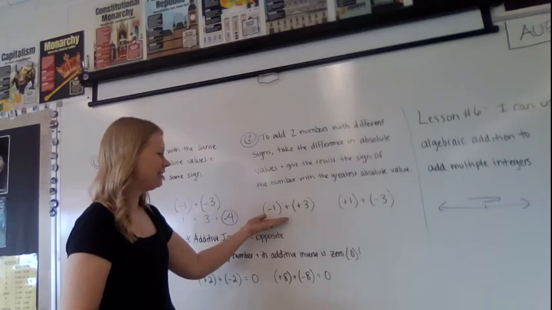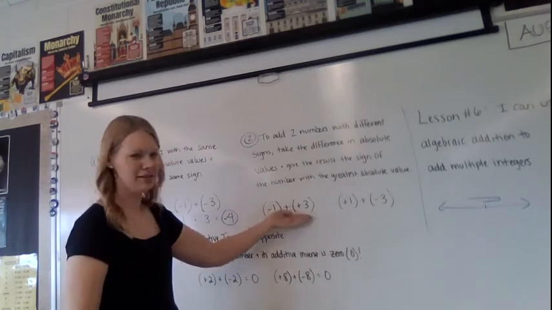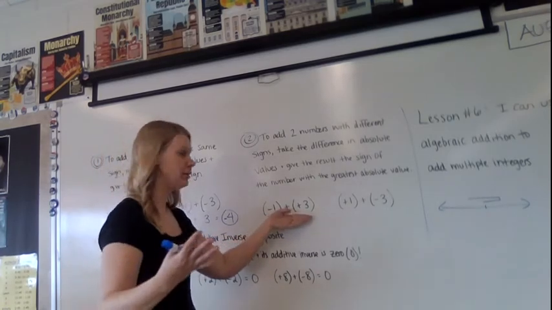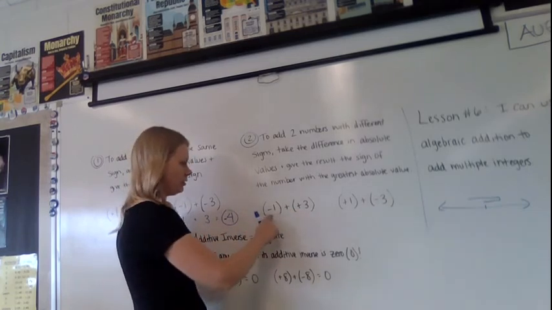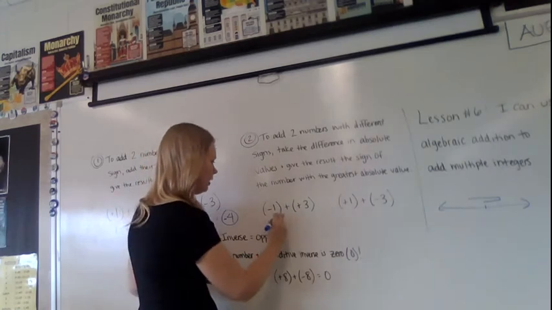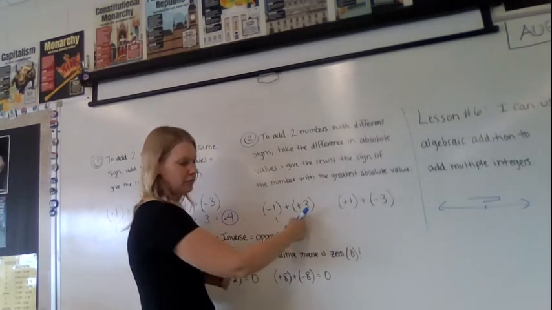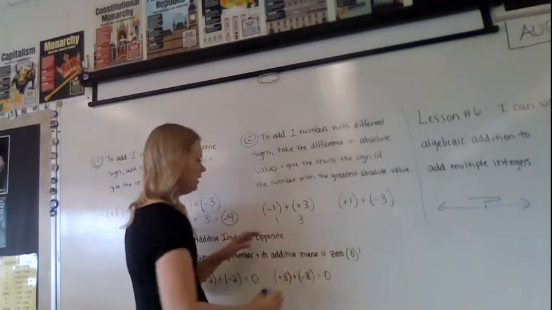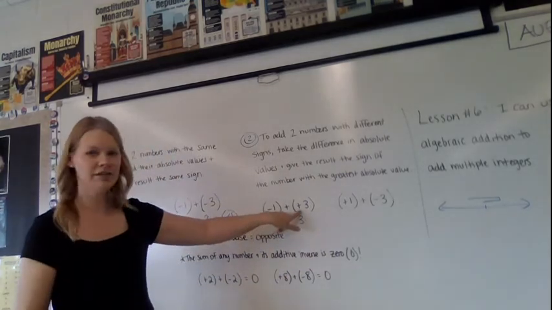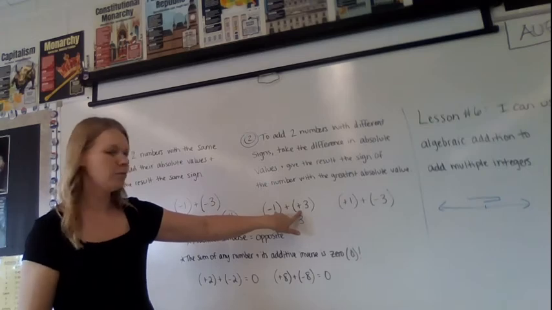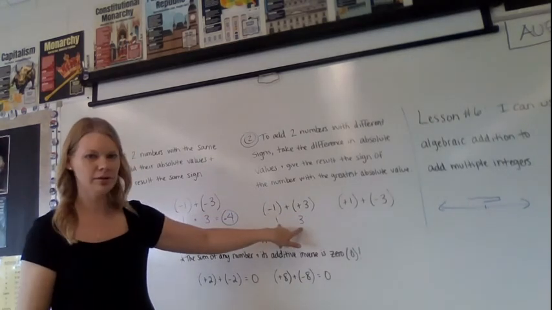Here we have negative 1 plus positive 3. Let's find the absolute values of both of those first. The absolute value of negative 1 is 1, and the absolute value of positive 3 is 3. Now, because these have different, opposite signs, we're going to take the difference between the absolute values.